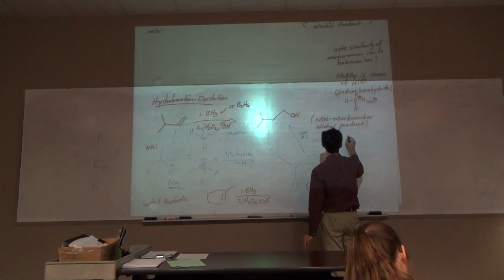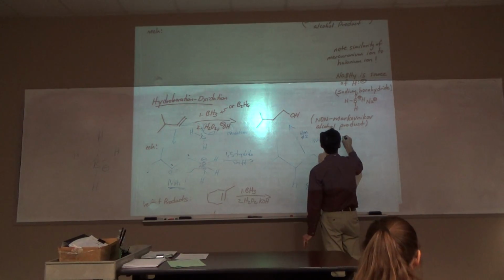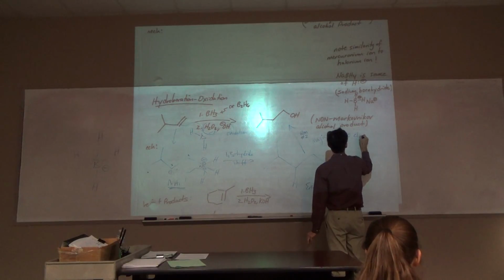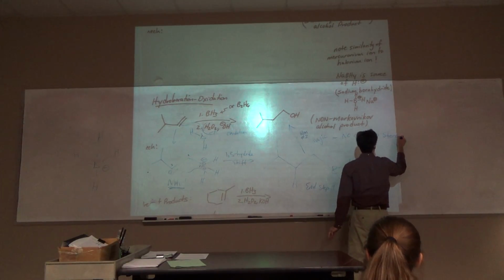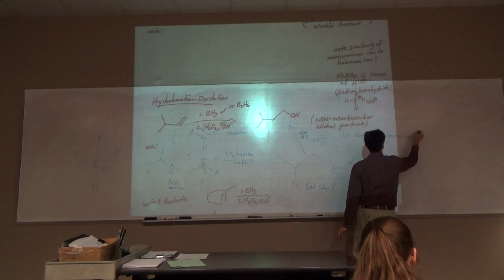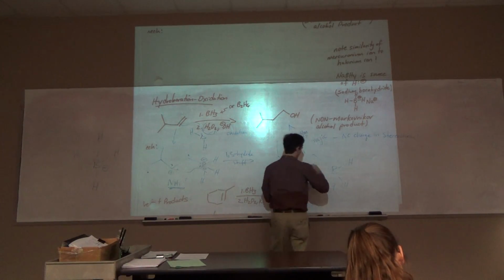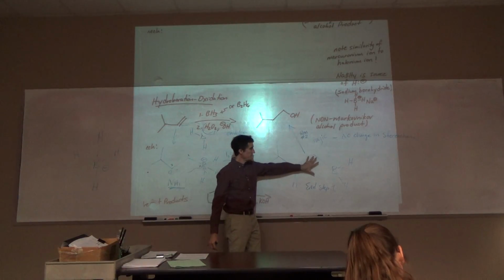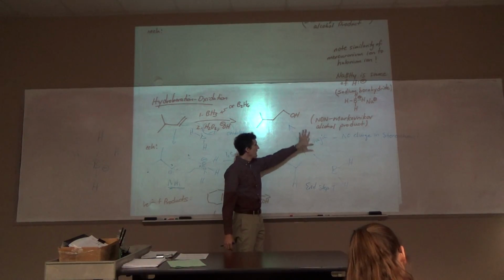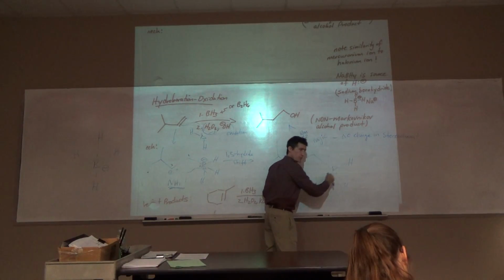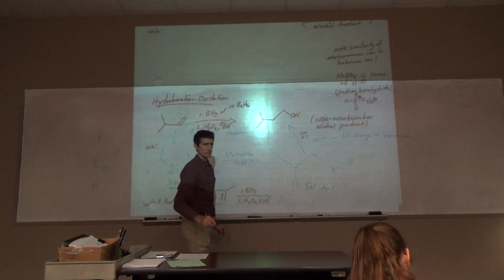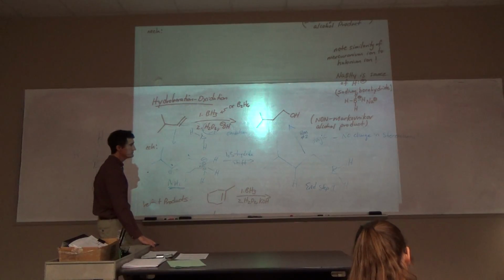Importantly though, no change in stereochem. Once we start doing stereochemistry here, if we have stereochemistry, we just erase and put OH. No change in stereochemistry. We'll be doing that down the road.